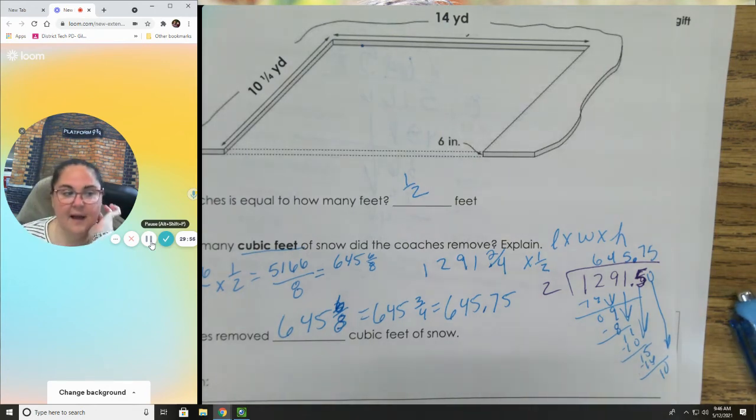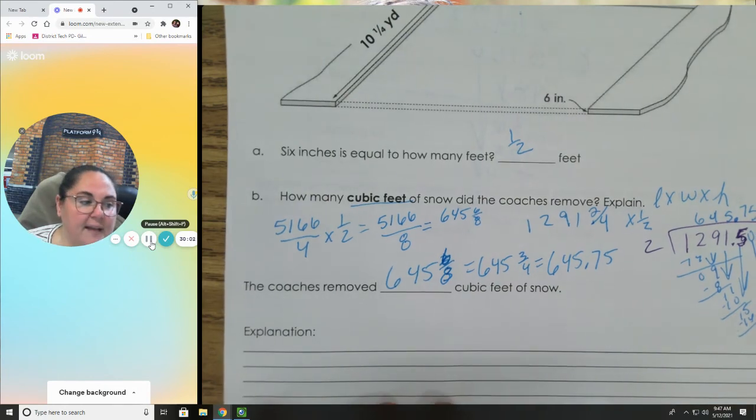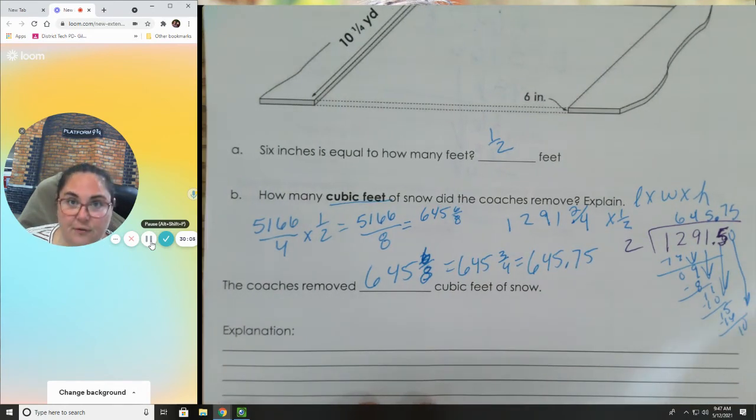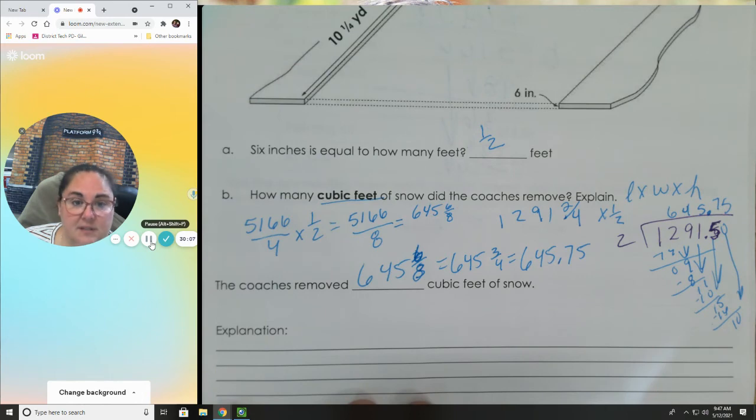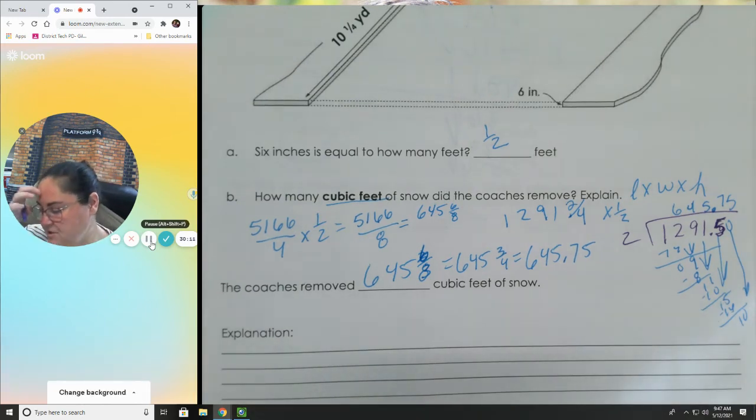All right, now let's take our next question. It says, explanation. So tell me what you did to find the volume. What did we do? Tell me your steps.